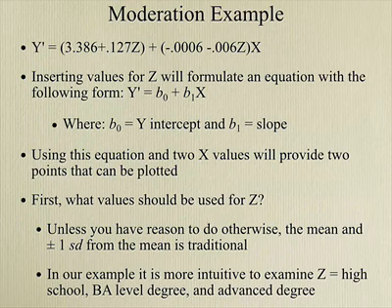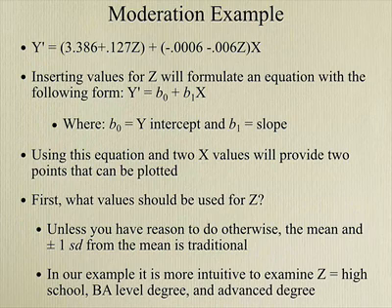So we'd set z to the mean, and then plus 1 standard deviation, and then minus 1 standard deviation would allow us to come up with and plot three different lines for low, minus 1 standard deviation, medium, the mean, and high, plus 1 standard deviation.